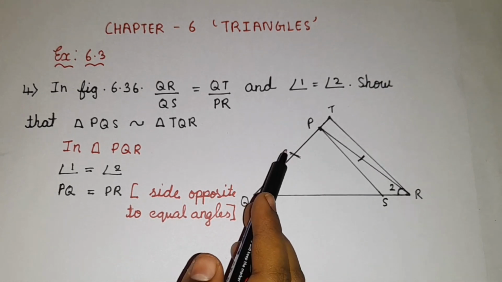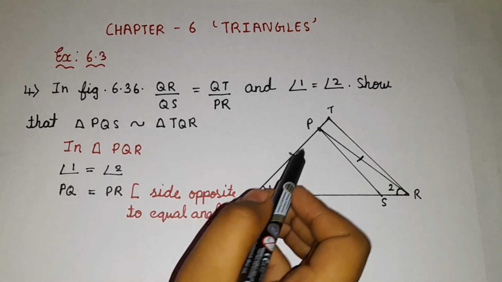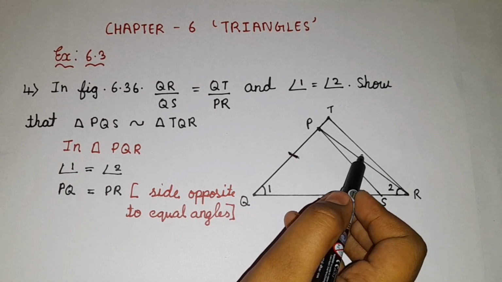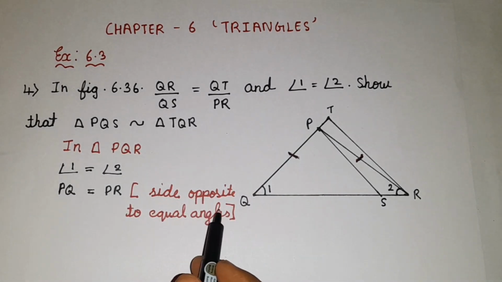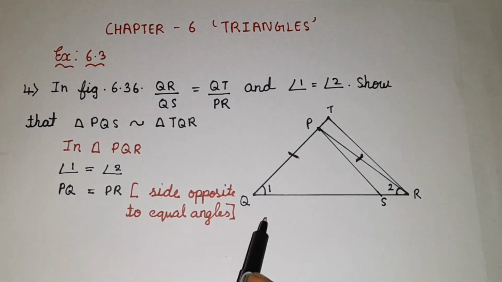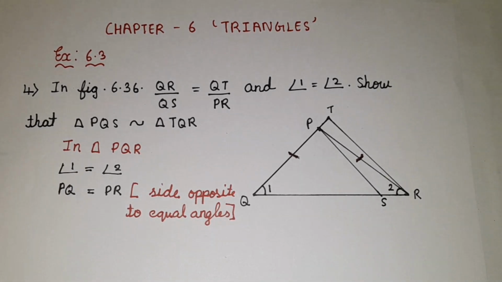It is already mentioned in the question. Since angle 1 is equal to angle 2, I can say even the sides are equal. That's why I wrote sides opposite to equal angles. Equal angles means angle 1 and angle 2 are the equal angles. That is what they are saying in this.